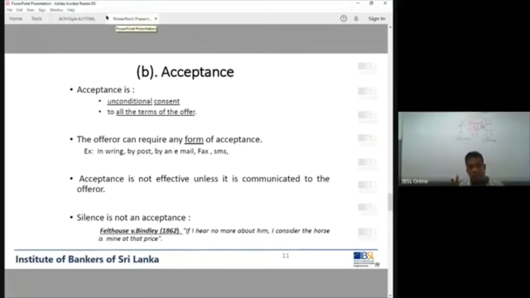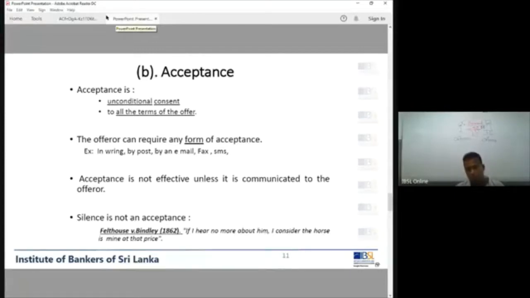However, as per the decided cases, there is a case that I have mentioned here, Felthouse versus Bindley. In that 1867 decided case, it very clearly says silence cannot be considered as an acceptance. So it has to be communicated. The acceptance has to be communicated to the offeror by the offeree.